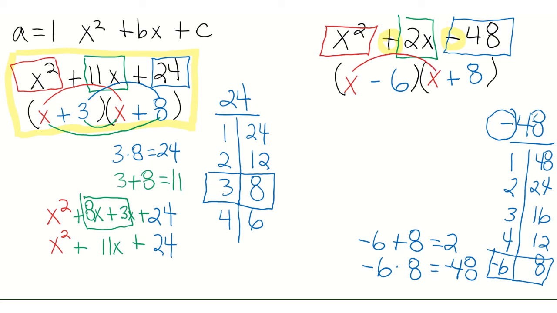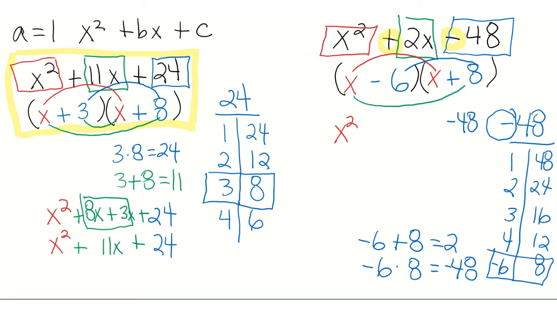I'm going to take my x's times x's. That's my first. Got my last numbers. Minus 6 times 8. That's a minus 48. Now let's check the middle number.